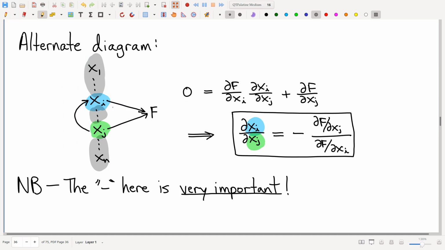And now, let's try to capitalize on the fact that we know that f is a constant. We are, after all, looking at a level set of f. And if f is a constant, then the overall rate of change of f is 0. F is not allowed to change at all.